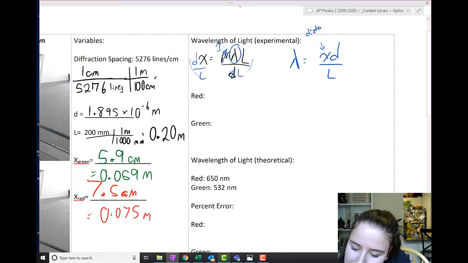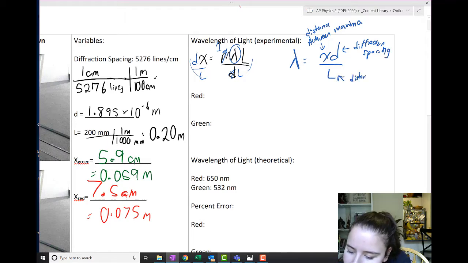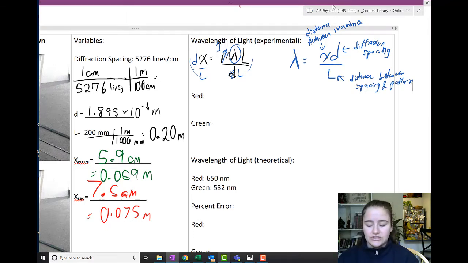Remembering that x is the distance between maxima, d is the diffraction spacing, and L is the distance between the spacing and pattern, in this case our diffraction scale.